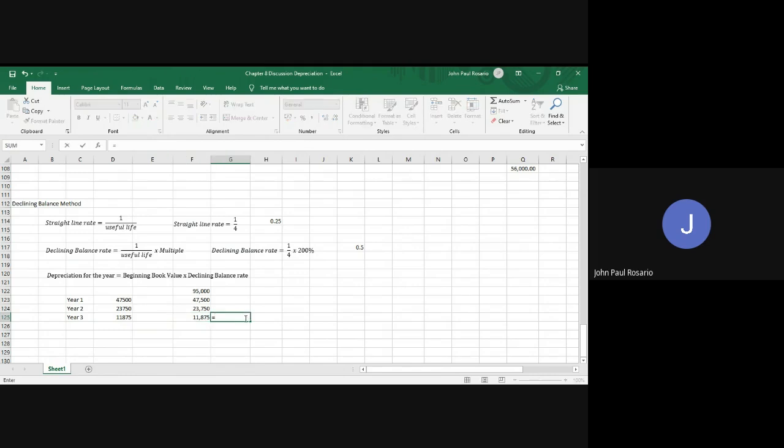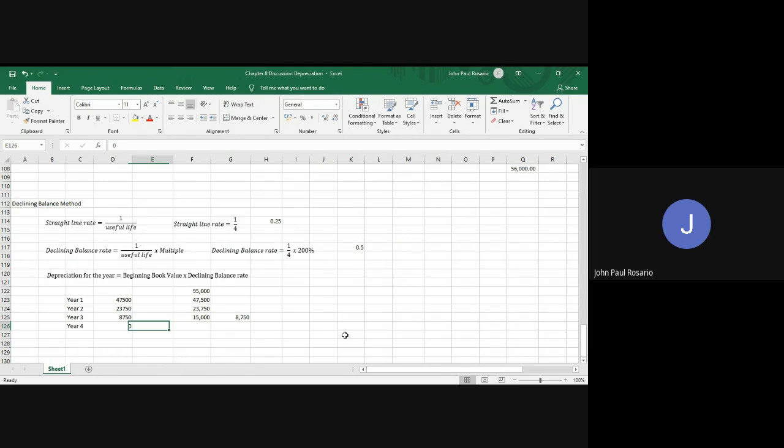So how much should the depreciation be to get 15,000? So it should be 8,750. So meaning on year 4 you have no depreciation.